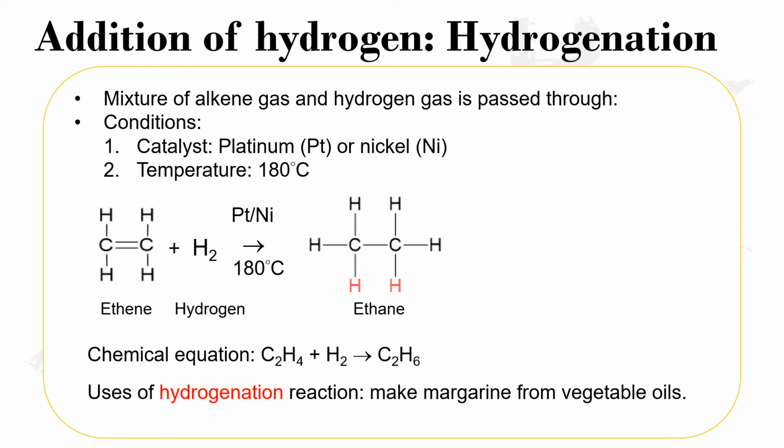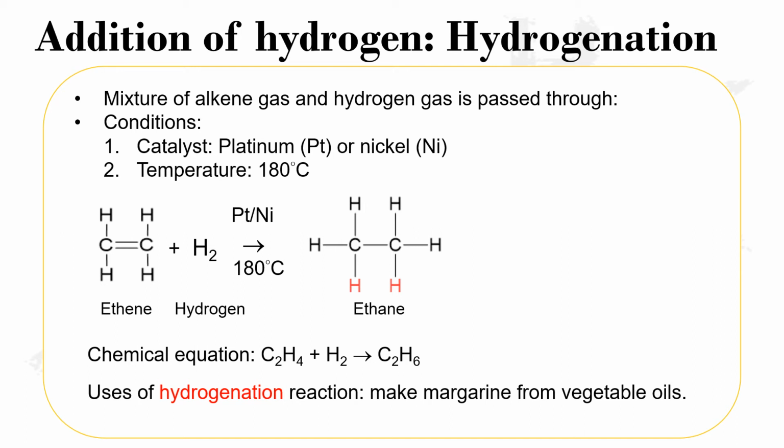So either you choose one catalyst when you write in the chemical equation, which is platinum or nickel. The addition of hydrogen to alkenes, we also call this reaction catalytic hydrogenation. Why catalytic? Because you have the use of the catalyst. This is a structural chemical equation. You will see that the carbon-carbon double bond will break, and the two hydrogen atoms will be added to the ethene.